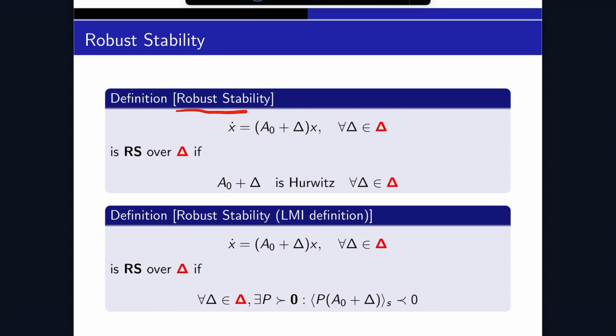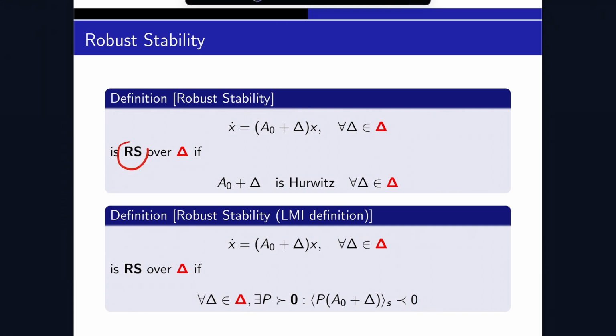And as you can imagine, we have robust stability, right? And then of course after that, immediately we're going to talk about quadratic stability. And robust stability, we have this. What is this? For a given system, for all delta, capital Delta takes values from this set.